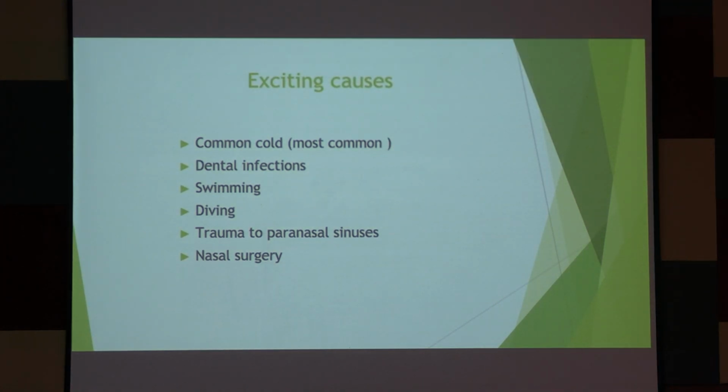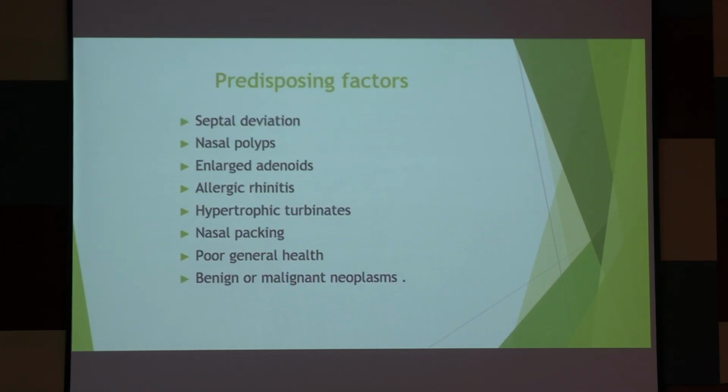So what are the provoking causes? Most commonly common cold. Your dental source can also be there. If you are swimming, very frequent swimmers, নোংরা জলে বারবার স্নান করলে you can have this. Diving leads to blockage of the eustachian tube. It can get complicated. Any traumatic cause, and obviously iatrogenic or after surgery. And if you have deviated nasal septum, the sinuses are often clogged. The drainage pathway is hampered, so we can have more frequent sinusitis.